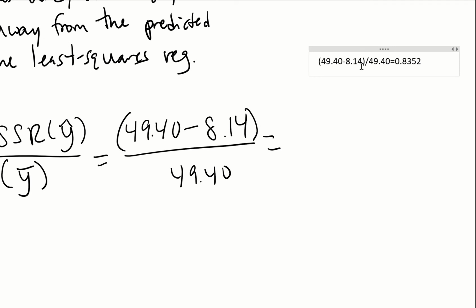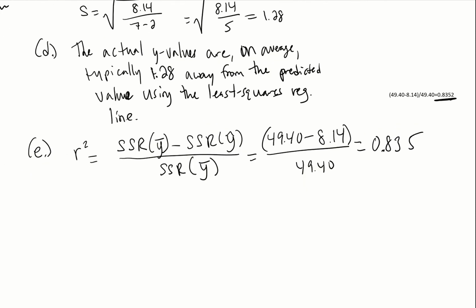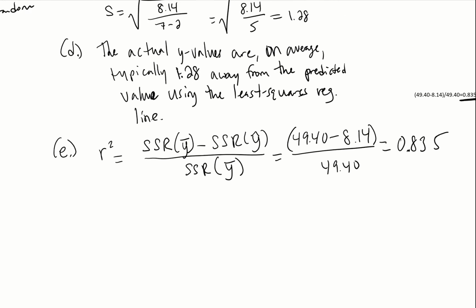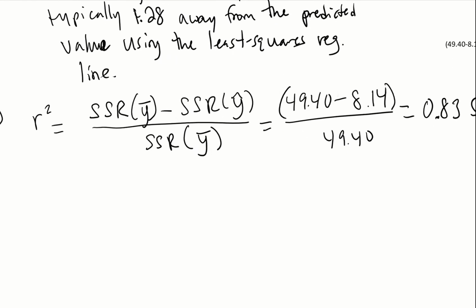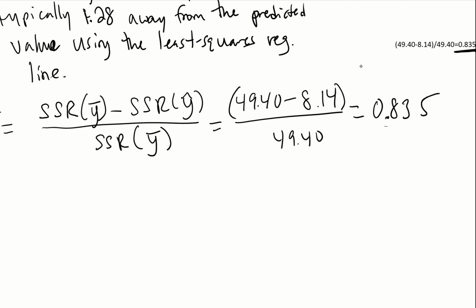So we get 0.84 to 2 decimal places. Actually, because we're doing r squared, we're going to use 3 decimals here. So 0.835. Remember, when we're doing r squared, I think the problem wants you to do 3, so let's just keep it consistent. So 0.835. Okay, so what does that mean? That's pretty high. What that means is that we reduced the error by 83.5% when we went from y bar to y hat. That's basically what we did.